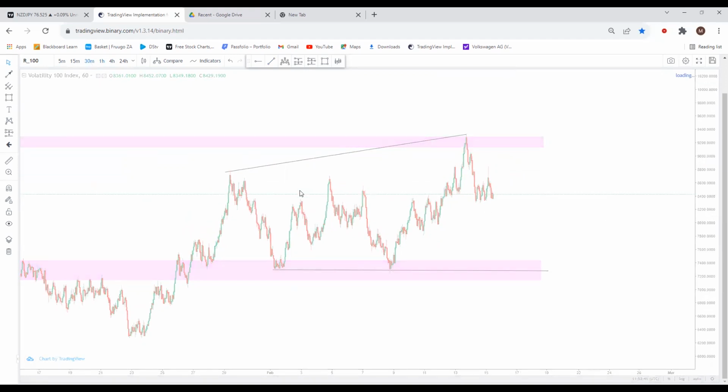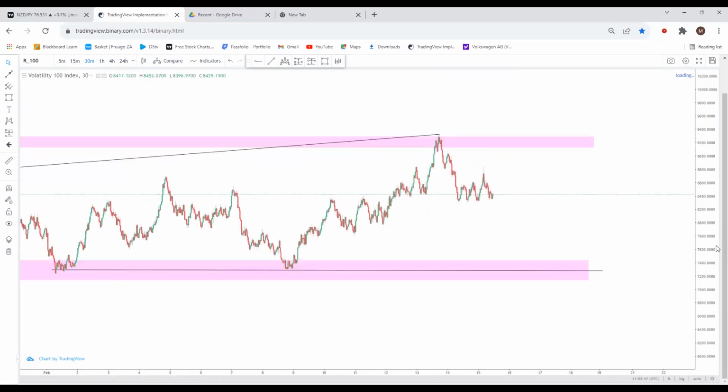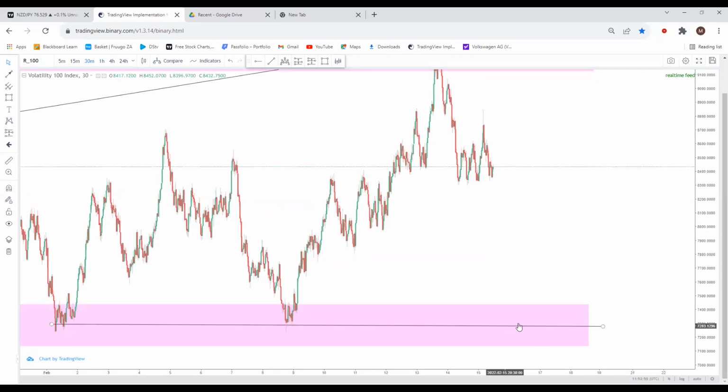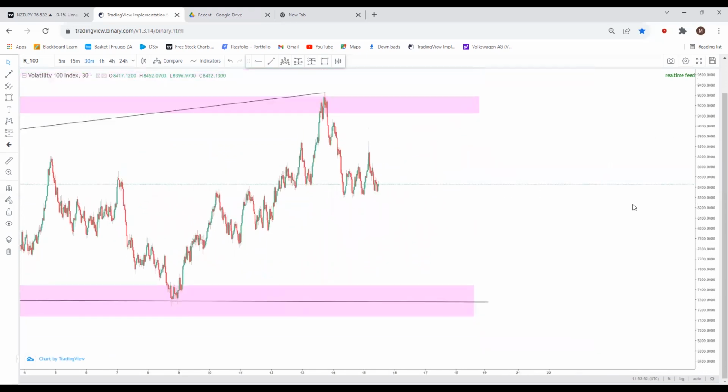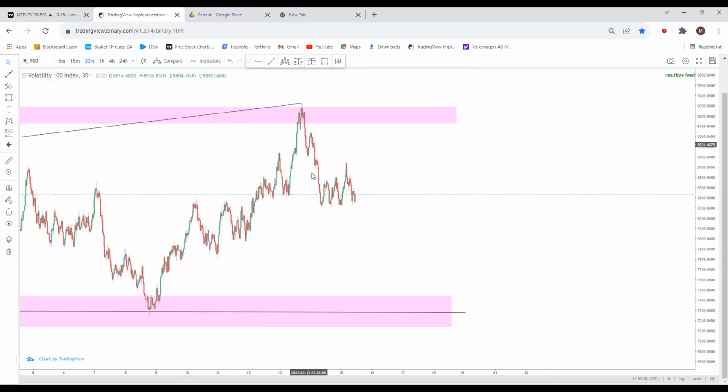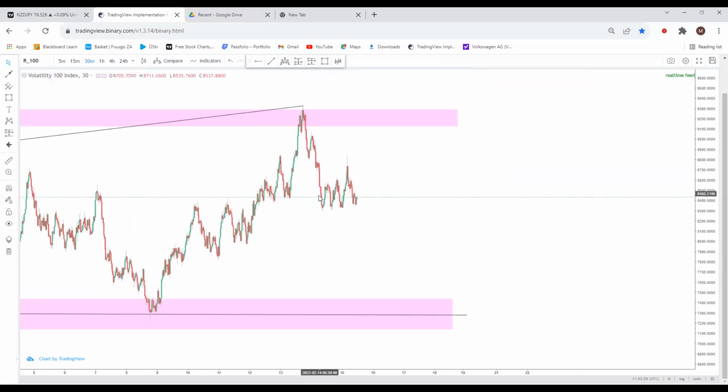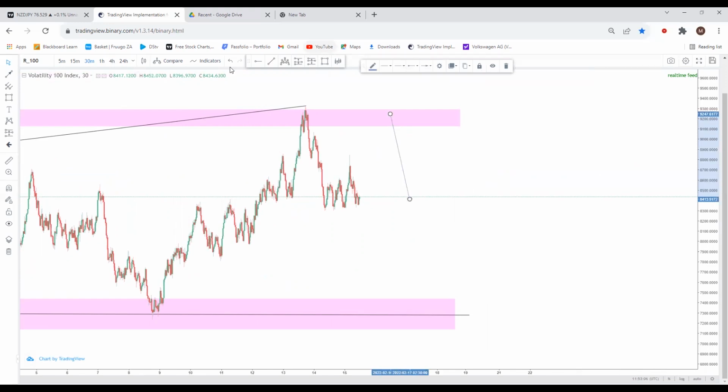What supports my analysis to the downside right now, to these areas, is this huge impulse to the downside, followed by a nice correctional flag. This is the basics of our trading strategy. We had a huge impulse, now a correction, and as you know, the correction is followed by a continuation of the impulse.